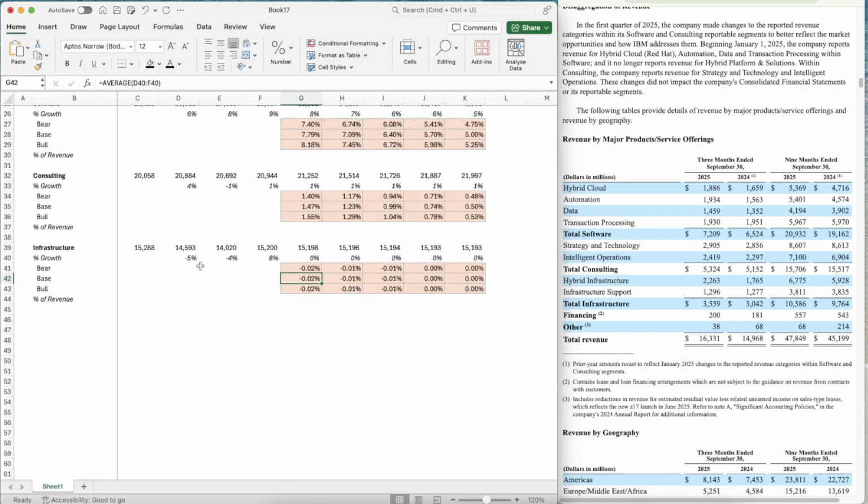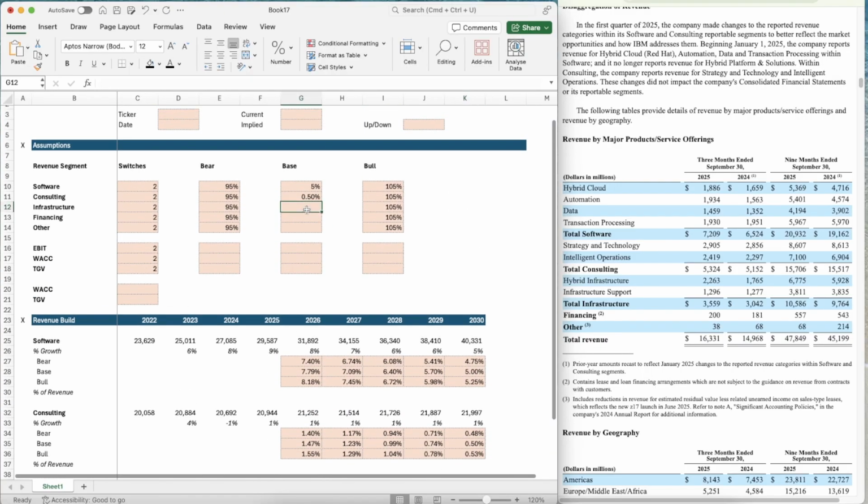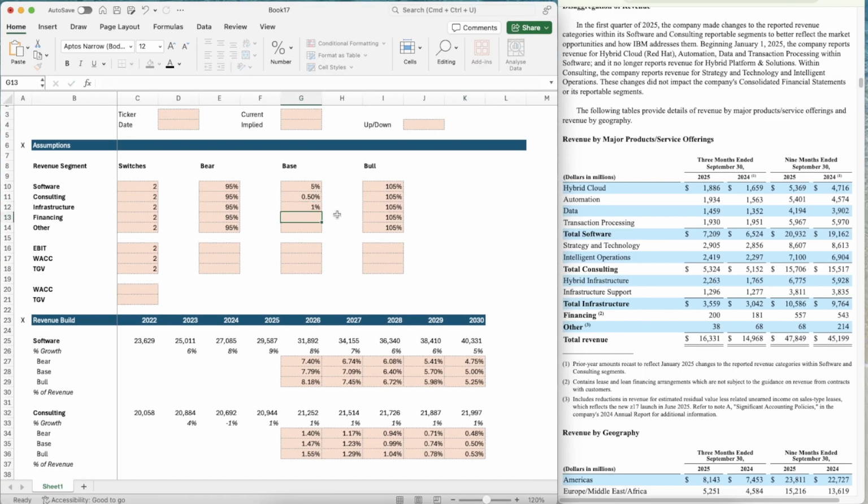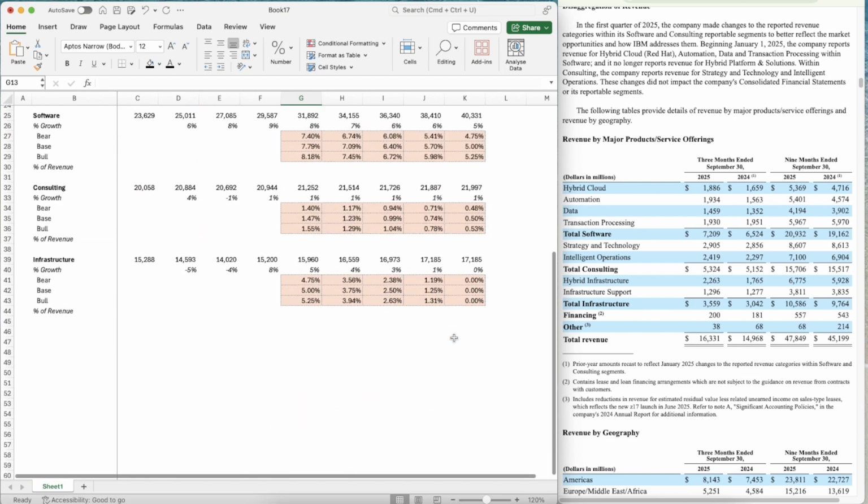Let's be a bit more generous, and instead of averaging from the last 2 years, from the last 3 years, sorry, let's give it a 5% growth. Because if last year was good, we'd presume next year could be going up as well. And then we'll end it on a 1% growth rate. G12.